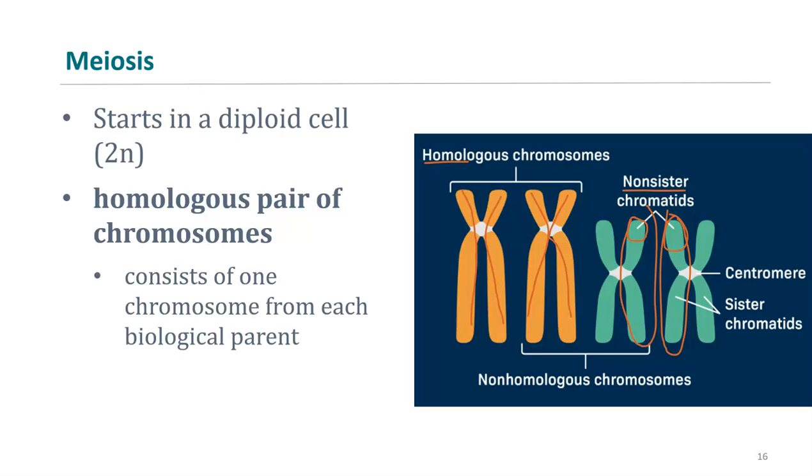So the gene for eye color would be in the same position on these two, but there could be slightly different information between them. Same thing here. We would say that these are also going to be our non-sister chromatids as well, because they're not going to have the same information.